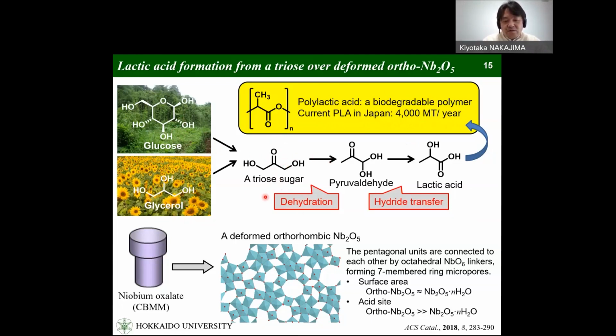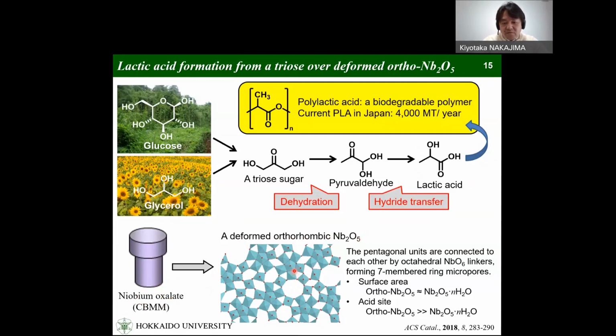And acid-catalyzed dehydration and hydride transfer can be achieved with the niobium-based solid acid catalyst, and we will obtain lactic acid. We found a new niobium oxide-based solid catalyst. Hydrothermal treatment of niobium oxalate produces a deformed orthorhombic niobium oxide.